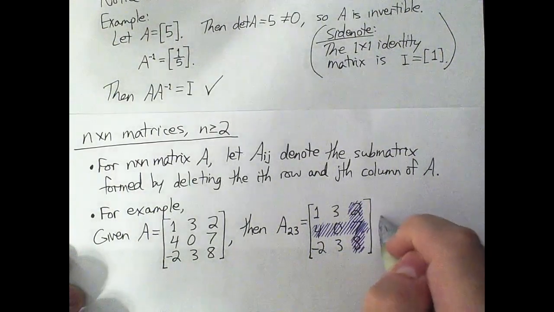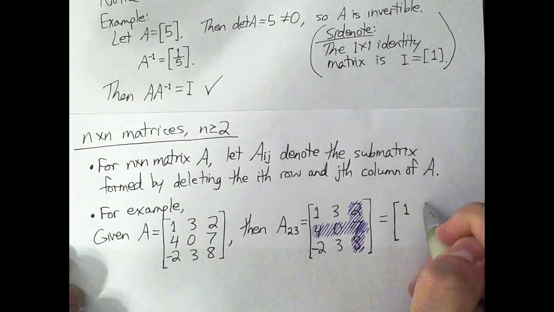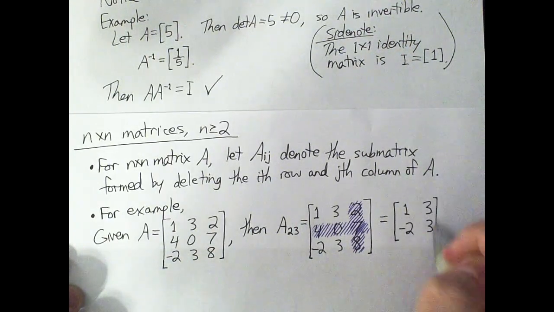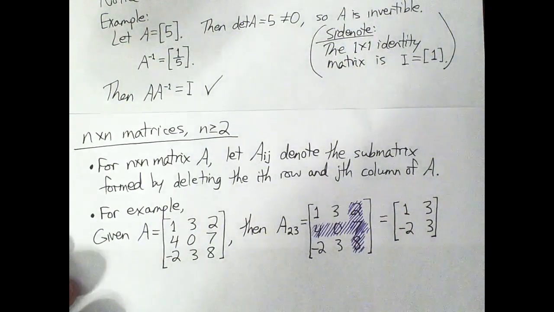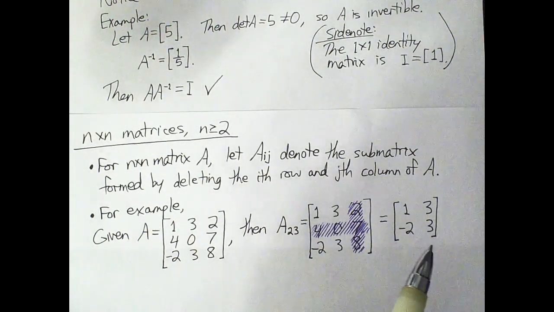And then we write, what are we left with? After deleting that row and column, I still have 1, 3, -2, 3. So we get a smaller matrix because we deleted 1 row and 1 column. This is a tool that we need. And it's worth pointing out that if you delete 1 row and 1 column from a square matrix, you always get a square matrix. The 3 by 3 became a 2 by 2. So it's still square.